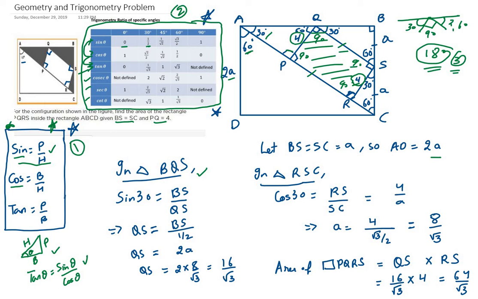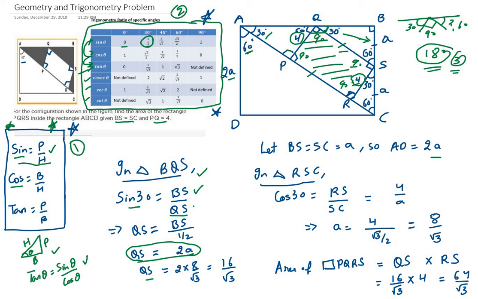When we look at this 30 degrees, the side opposite to it is the perpendicular, which is BS, upon QS. QS is the hypotenuse, this side. So BS I know to be A, and sine 30 is 1/2 from this table, if you don't remember that. So QS comes out to be 2A.